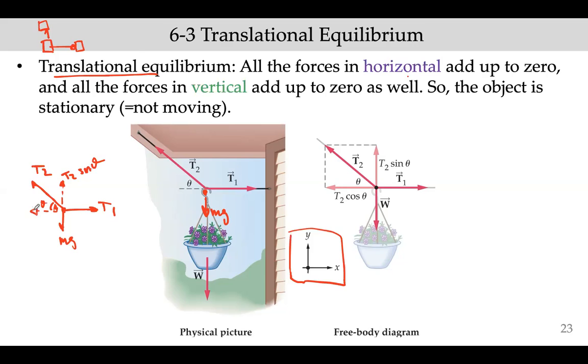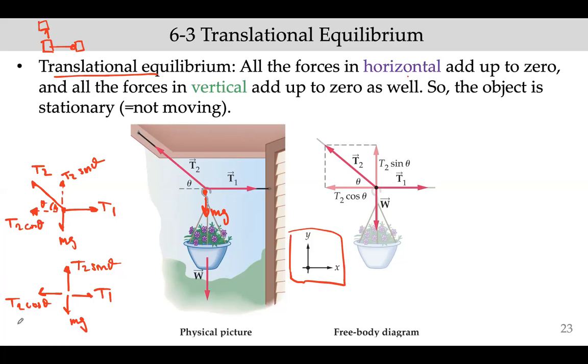And for this component, it's going to be T2 cosine theta. Now I can redo my free body diagram. So in the up direction, there's T2 sine theta, there's mg, there's T1, and there's T2 cosine theta.